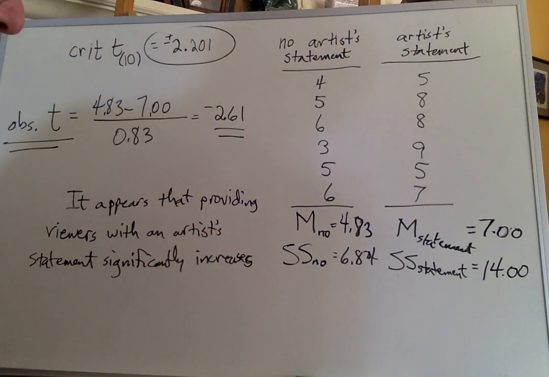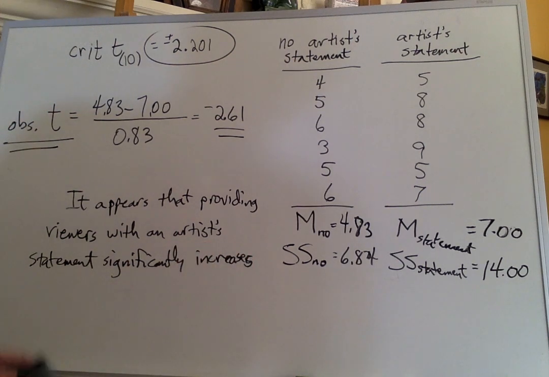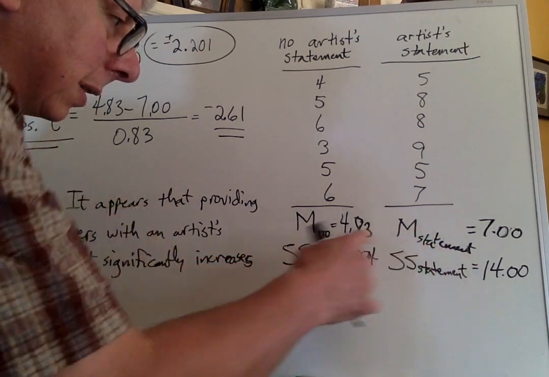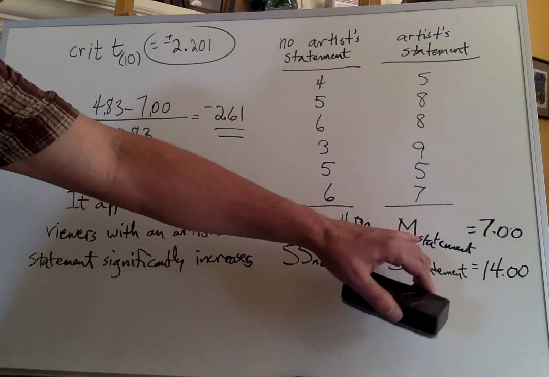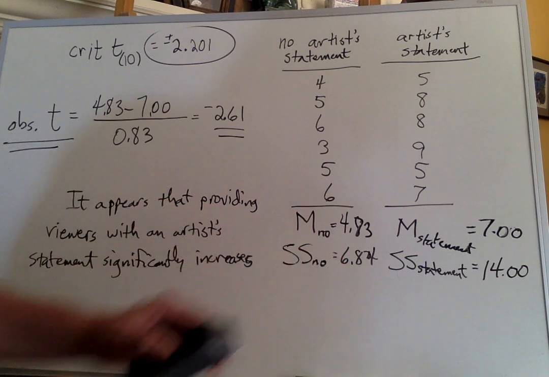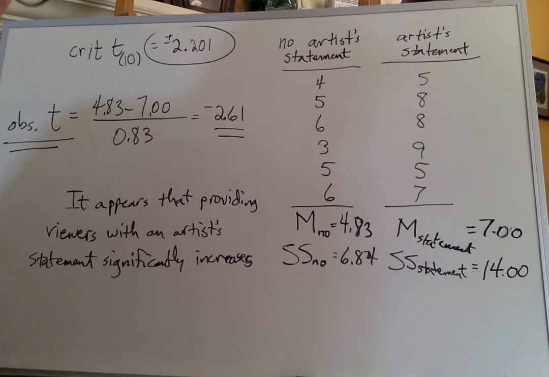And sometimes people, well, it's a sign that people aren't thinking. It significantly increases. And people say, well, how do you know that it increases it? Well, look at here, folks. Just look. The average for the statement group is bigger than the average for the no statement group. If this is a Likert scale, where bigger numbers are indicating that people like the artwork more, then that's what we're seeing. Significantly increases liking for artwork.